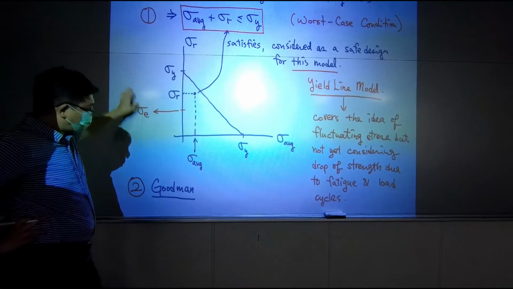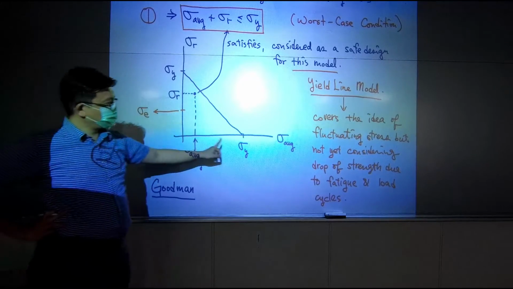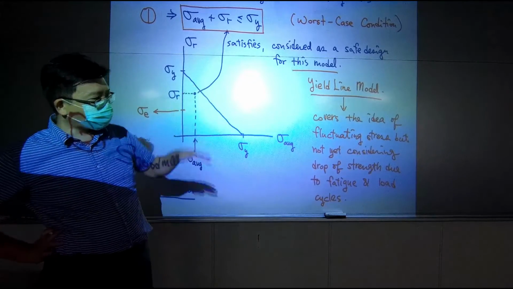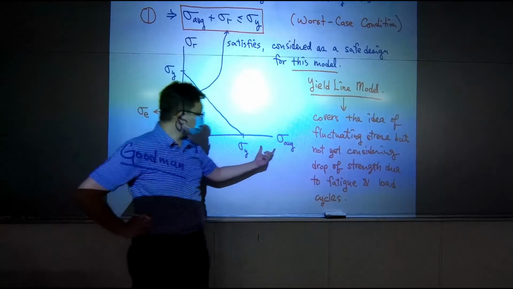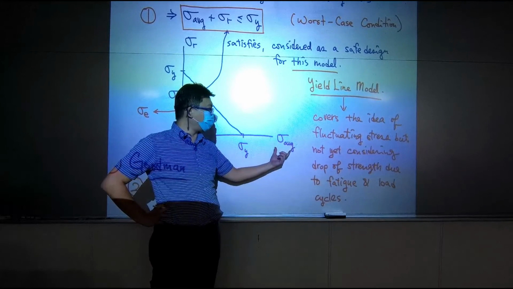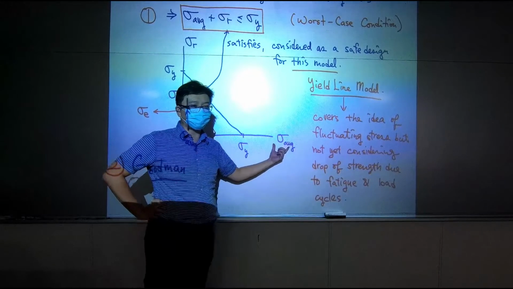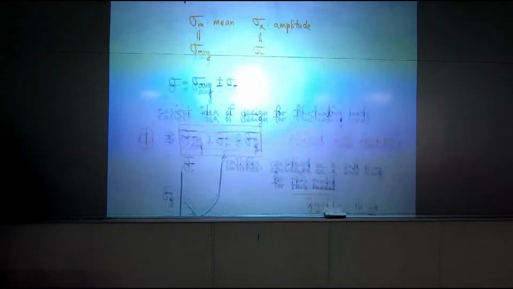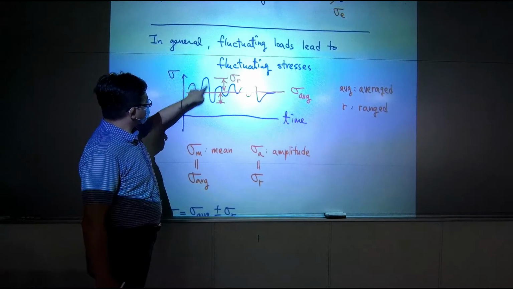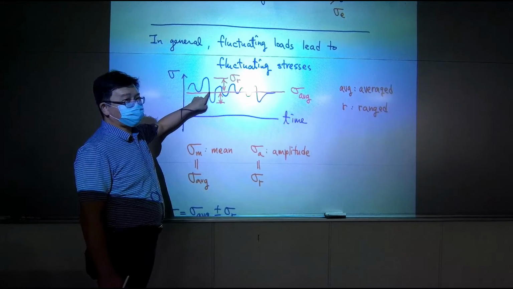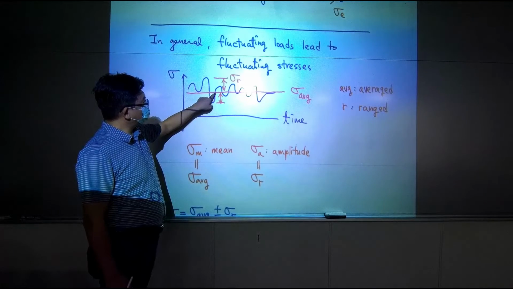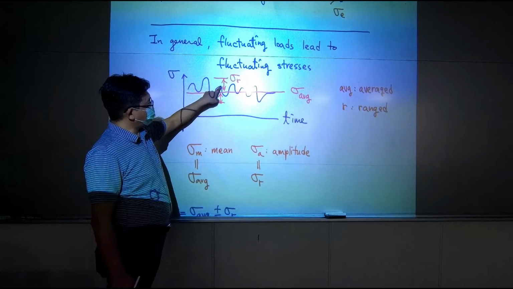Okay? But Goodman feels like, since this material is under this fluctuating load, how many times is this material carrying the average load? Not much. Like if you take a look at this one, only this time it's carrying the average load. And it drops again and then comes back. Only here it's above, now it's below.